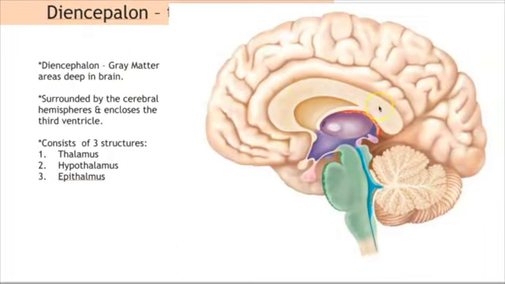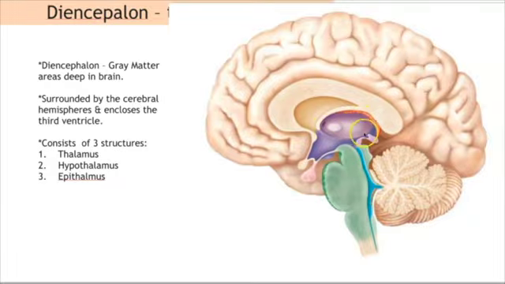So this is a mid-sagittal cut. Remember, everything that is light colored is all part of the cerebrum except for the cerebellum. This purple part here, this is the diencephalon. This is where the diencephalon is going to be located.